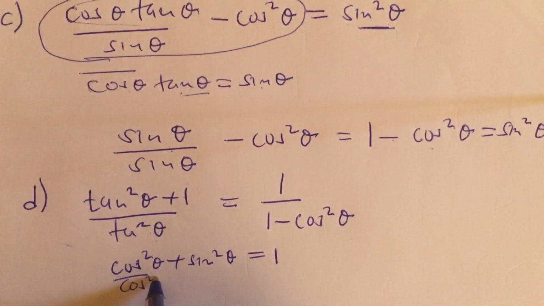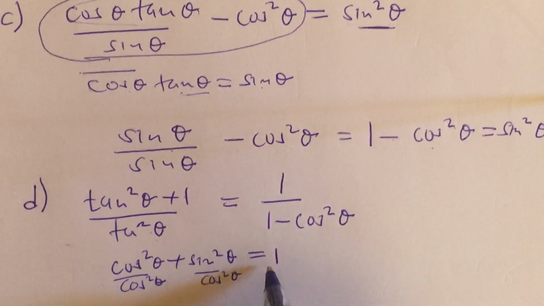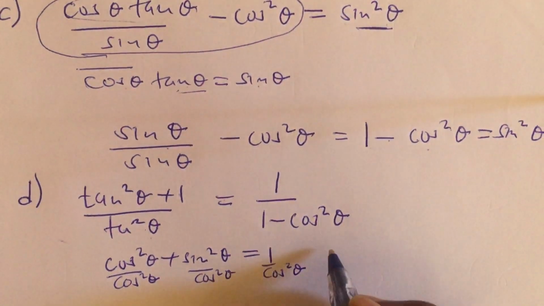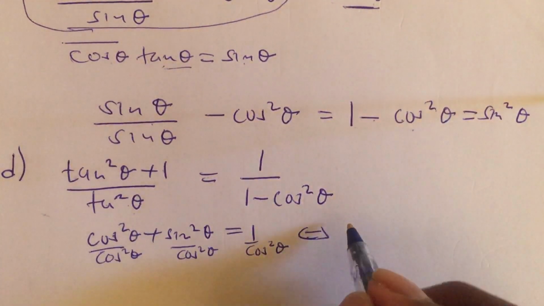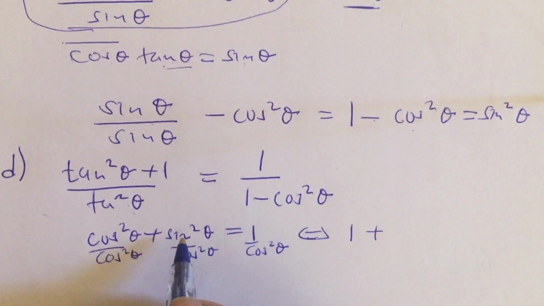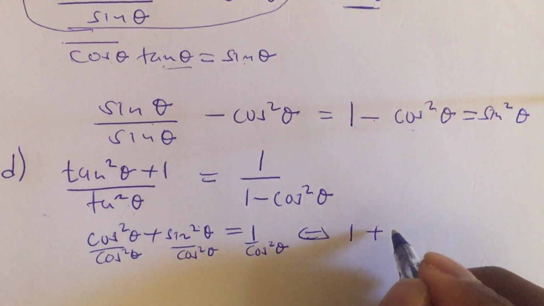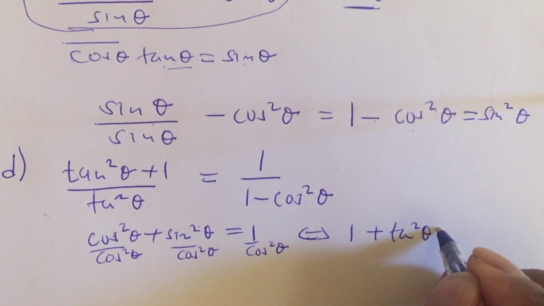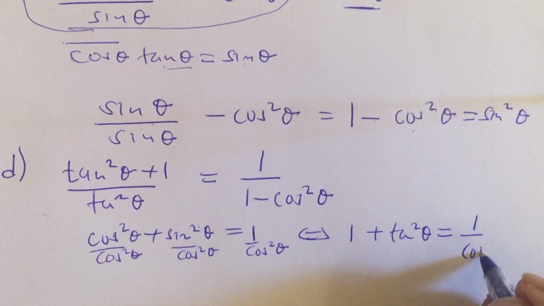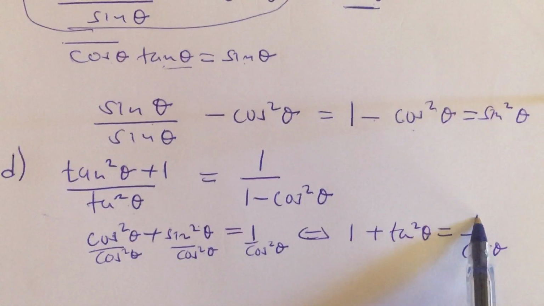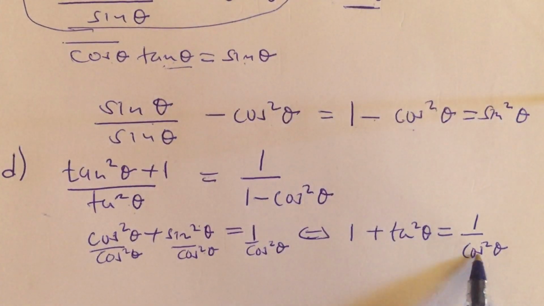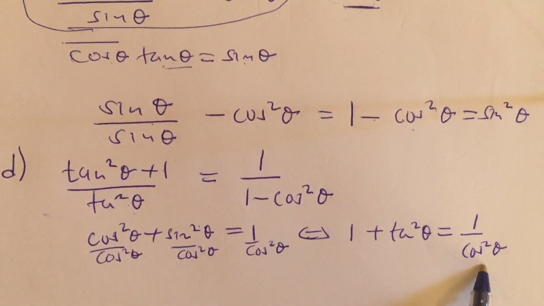Then this reduces to 1 plus sine squared theta over cos squared theta, that is tan squared theta, equals 1 over cos squared theta. So the upper side, 1 plus tan squared theta, can be replaced by 1 over cos squared theta.